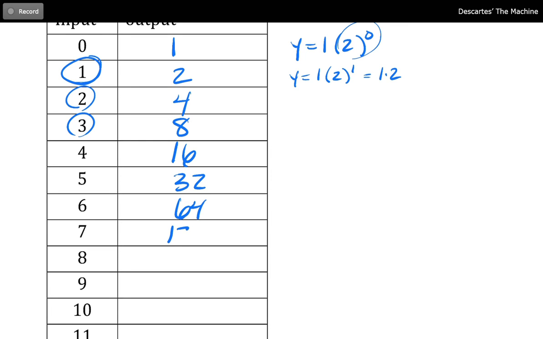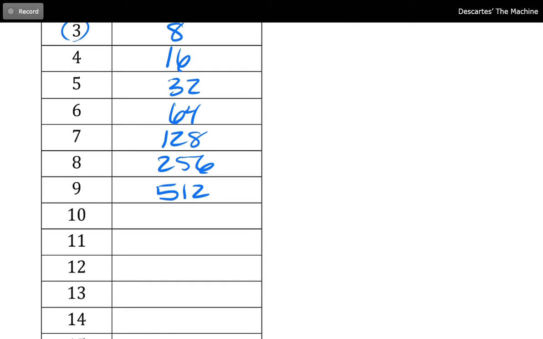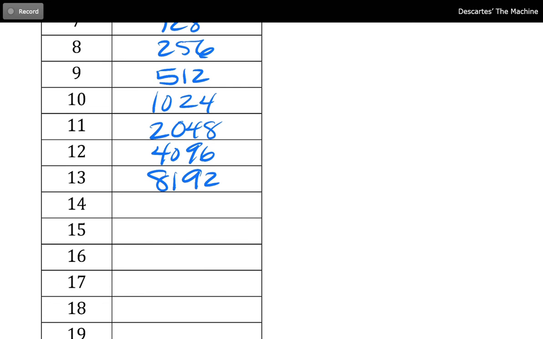And then that would be 128, 256, 512, then 1024, and I'm at the point now where I need to pull out a calculator. 2048, 4096, 8192, 16,384, 32,768, 65,536. I am just doubling.